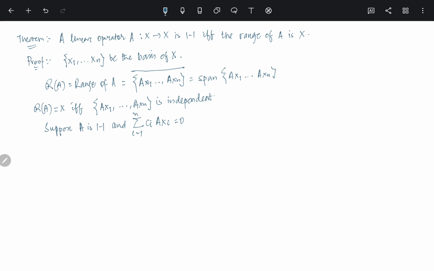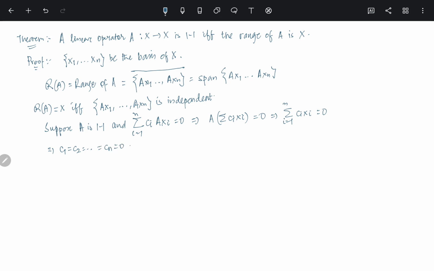Then that will imply A of the summation ci xi is 0, because of the linearity, and then one can write that the summation of ci xi has to be equal to 0, since A is 1-1. So if the summation ci xi is 0, that will imply that c1 equals c2 equals ... equals 0, right?